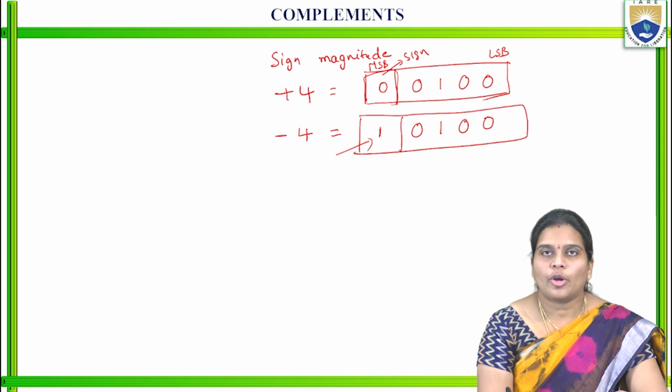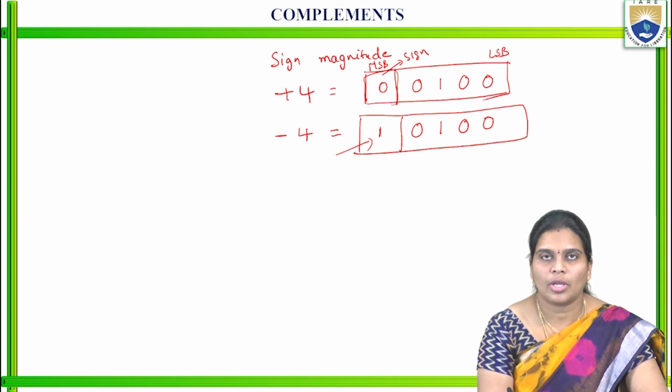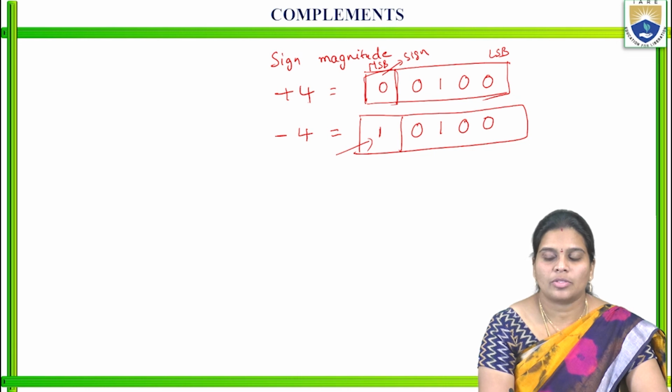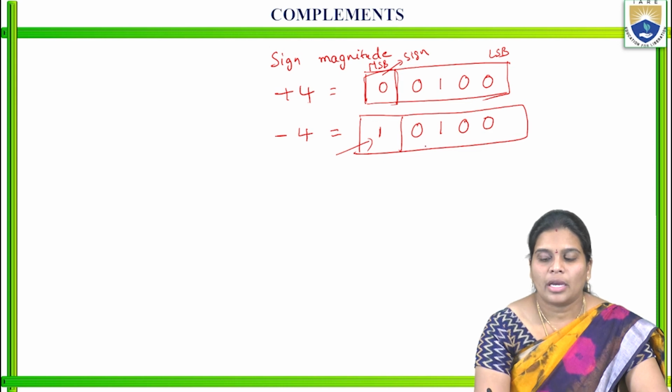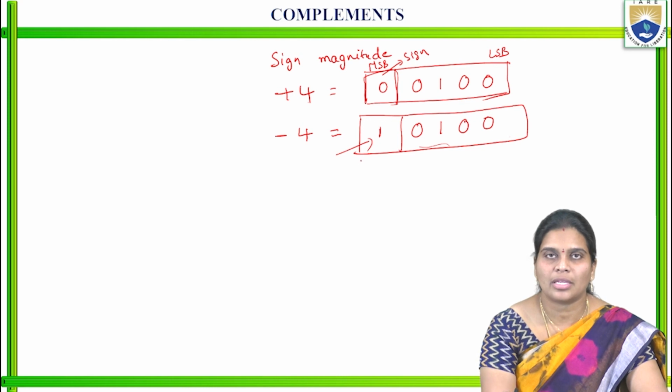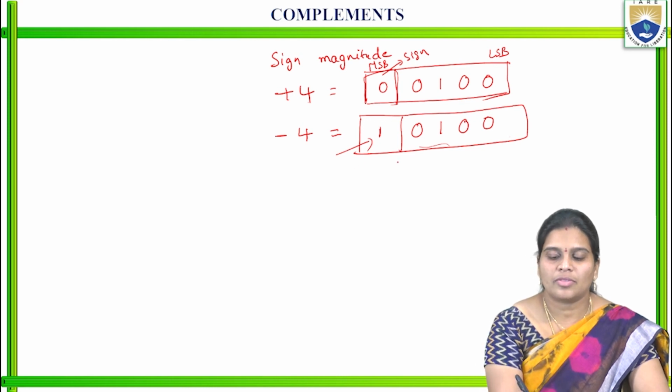So now I want to apply the 1's complement of these values. We are applying the 1's complement and the 2's complement in the magnitude only. So we are not disturbing the sign values. So in this first step I want to apply the 1's complement of minus 4.